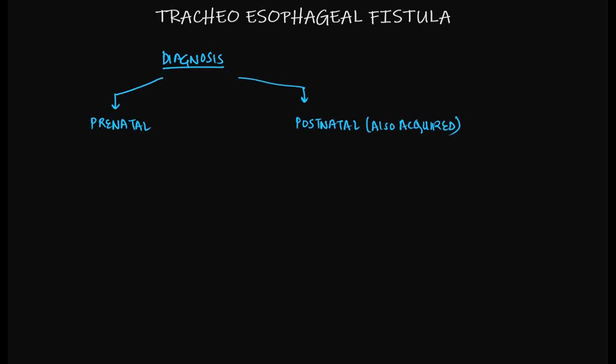The diagnosis of tracheoesophageal fistula can either take place prenatally in case of congenital tracheoesophageal fistula or postnatally in congenital tracheoesophageal fistula and also in acquired tracheoesophageal fistula. Features seen prenatally are polyhydramnios.